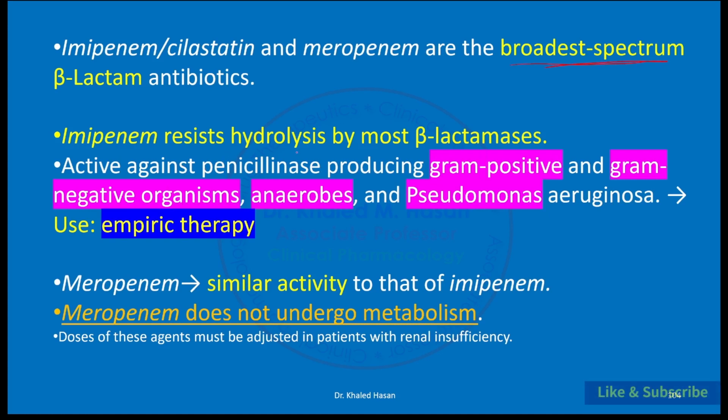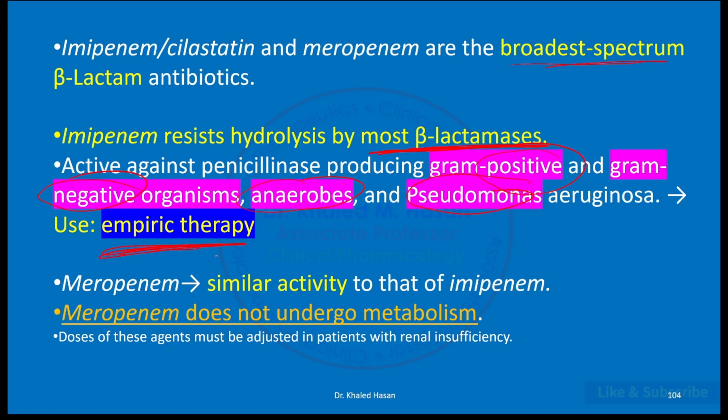Imipenem resists hydrolysis by beta-lactamases, so we can prescribe it for bacteria that produce beta-lactamase enzyme. It is active against gram-positive, gram-negative, anaerobic bacteria, and Pseudomonas. This medication could be used for empiric therapy.